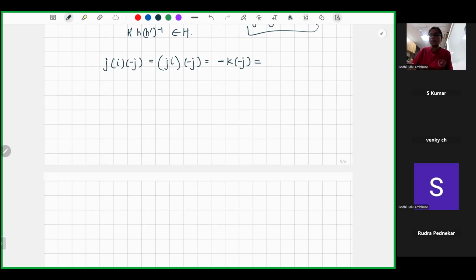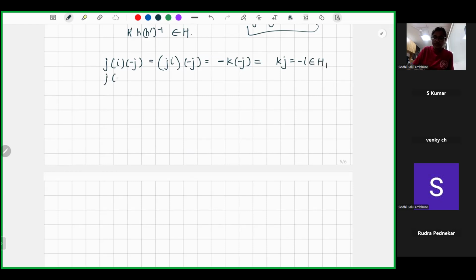So it commutes with every other element. So this is K into J. K into J is, no, it is minus I. And this belongs to H1.